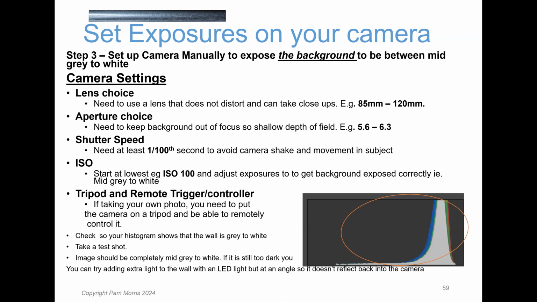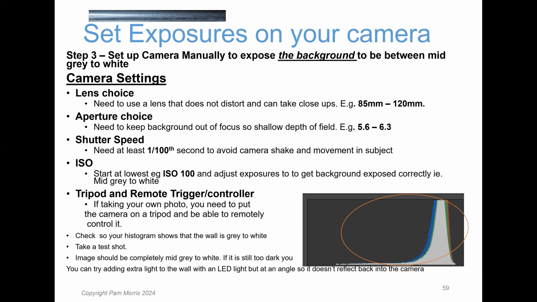You also need to use an aperture choice that allows you to get full focus through the face from the nose to the ears. The ears don't actually have to be in the photo, but you need to make sure that your depth of field is probably around about 2 inches.